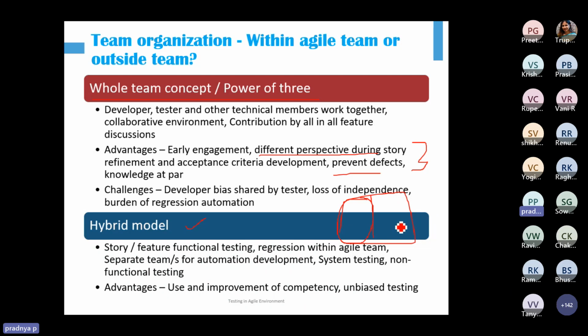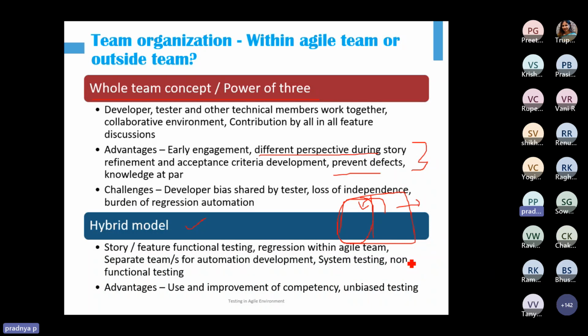Another team will be the independent team who would think about finding defects, and who would do the automation which can be used by this team. They will do the automation, and this team can use it for execution. This independent team can focus on security testing and performance testing, which need altogether a different setup and a different mindset. So typically, two teams in a hybrid model is always beneficial.